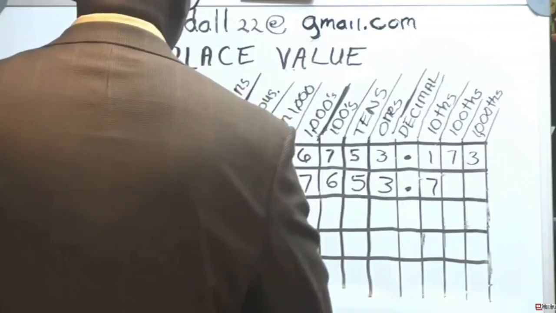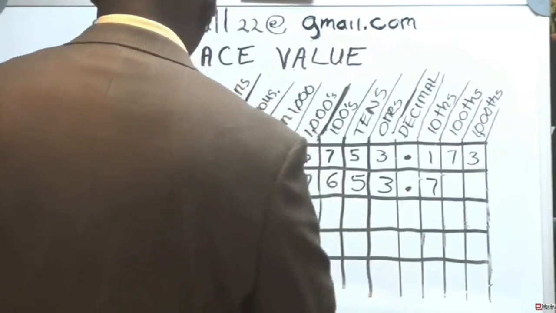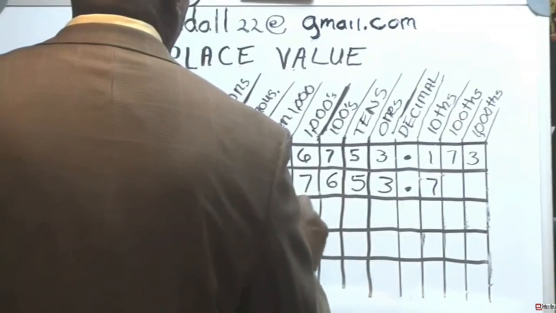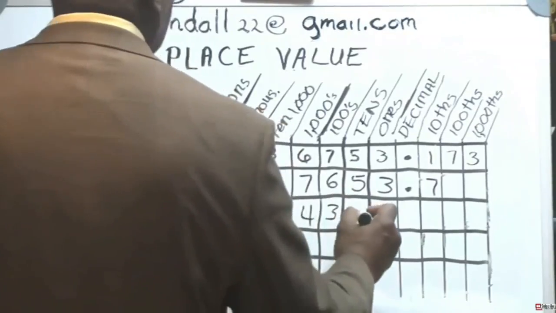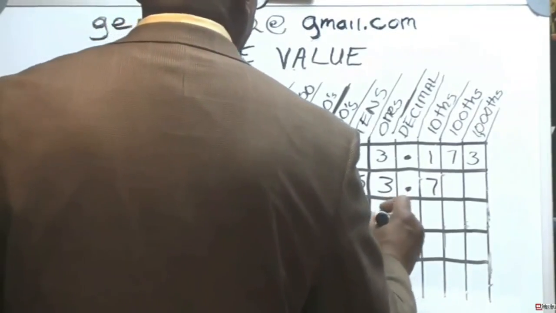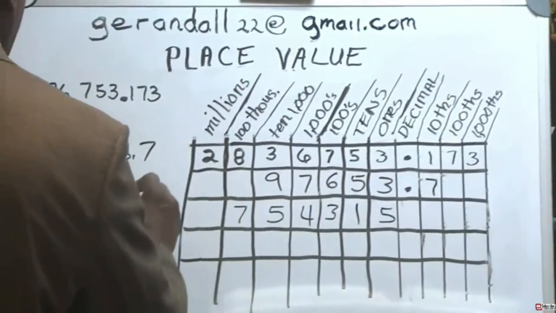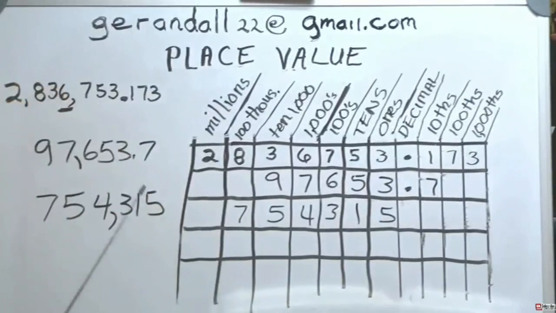Let's look at that six-figure income, where 7, 5, 4, 3, 1, 5. That's 754,315. Again, do not say 754,000 and 315.